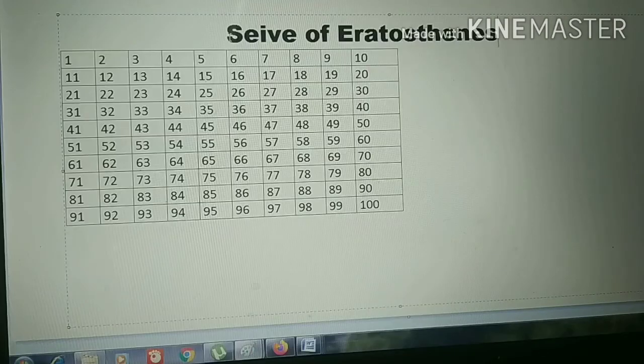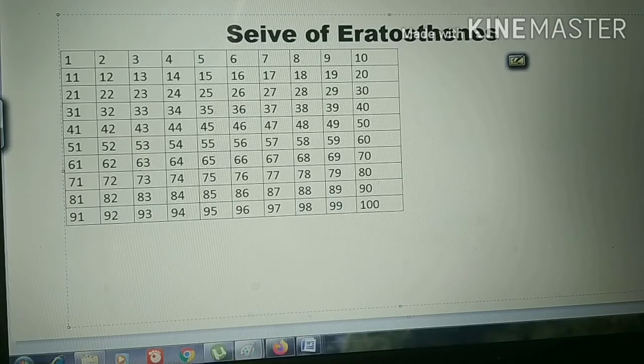Here, this is called the Sieve of Eratosthenes. This mathematician Eratosthenes belongs to Greece. He was a Greek mathematician, and he found this table. According to this, we can find out prime numbers, that too from 1 to 100.